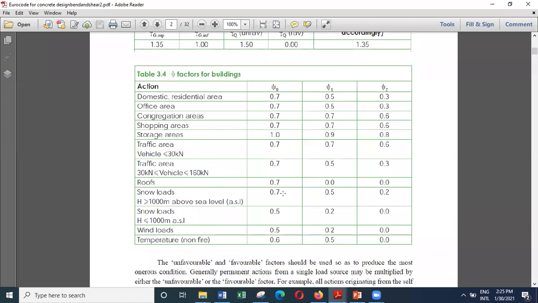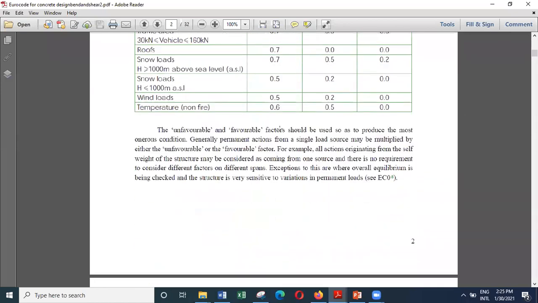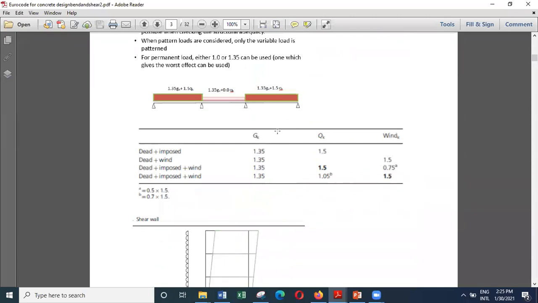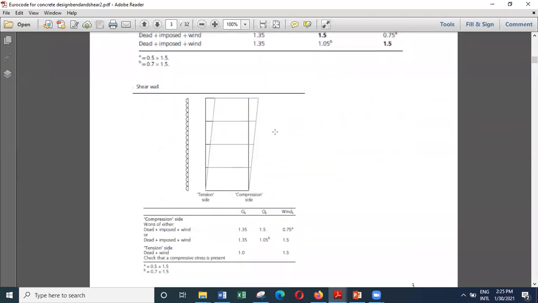Mostly 0.7, except a building used for storage facility. So when you do that, you will end up with this combination. So this way, you can actually create different load combinations for a structure.